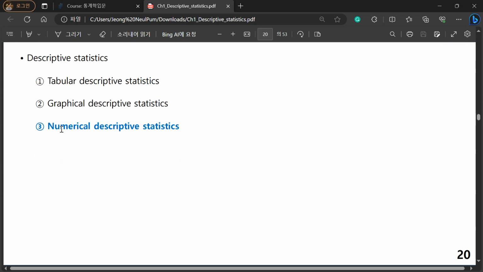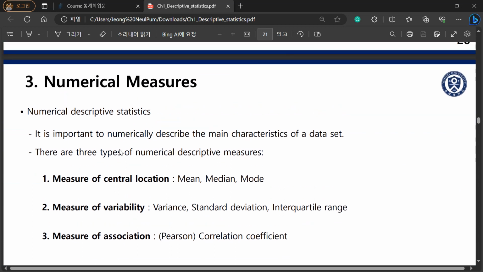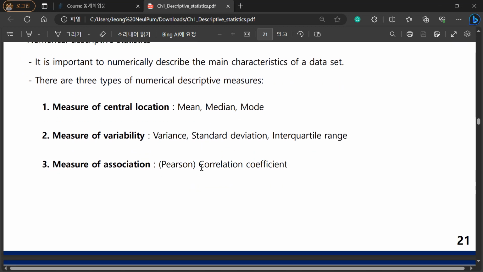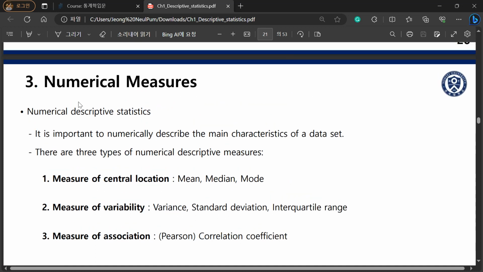The next thing is that we are going to do numerical descriptive statistics, in which there are a lot of statistics like mean, median, mode, variance, standard deviation, interquartile range, and correlation coefficient. So there are a lot of numerical measures, and we are going to do the R practice step by step.